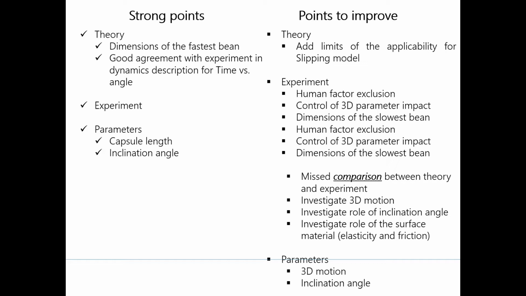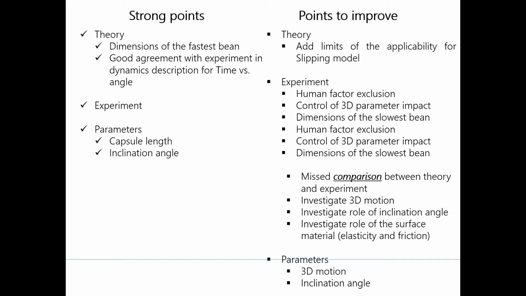Also, the experimental part should be improved. For example, as I understood, the reporter released his spins by hand, but in this case, we don't have enough control over initial parameters, such as the initial velocity of the bean, and also the 3D motion, which is really important in this problem, couldn't be controlled. So it's a really important thing to improve in your work.